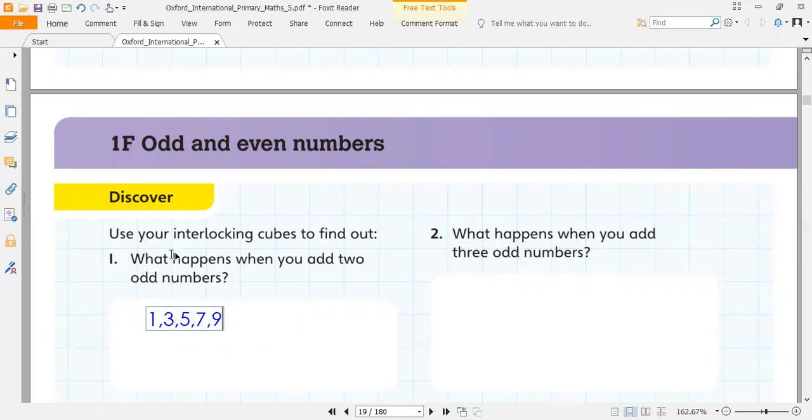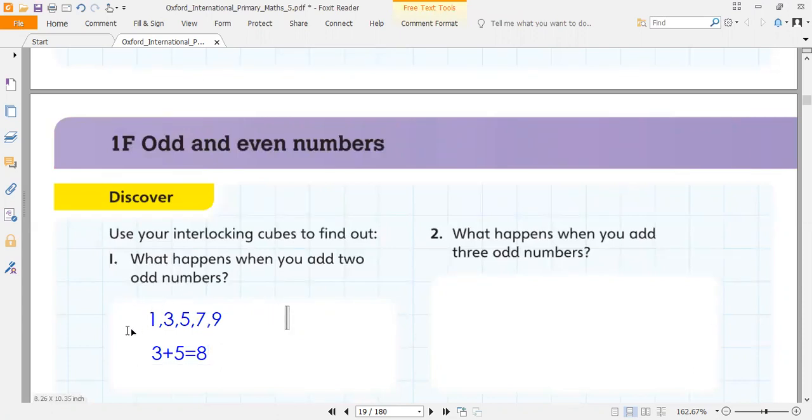So the question is, what happens when you add two odd numbers? If we add two odd numbers like 3 and 5, we will get what? Even. This is strange, but let's do this. So we get 8, which is our even.